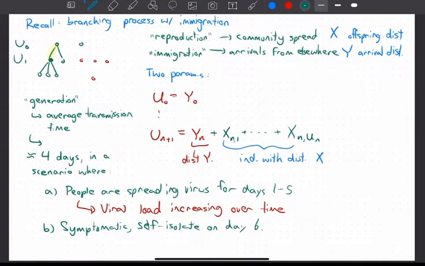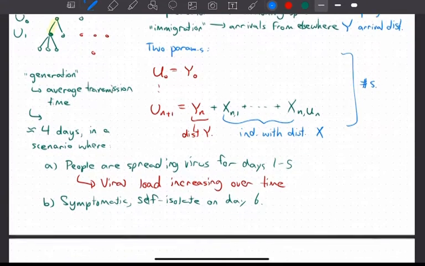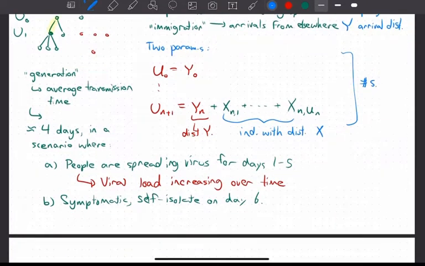Okay, one other thing I'll mention: these numbers over here are just the raw numbers, right? But this tree structure that describes who passed the virus to whom is useful information. What do I mean by that? Well, how do we have access to the tree structure?